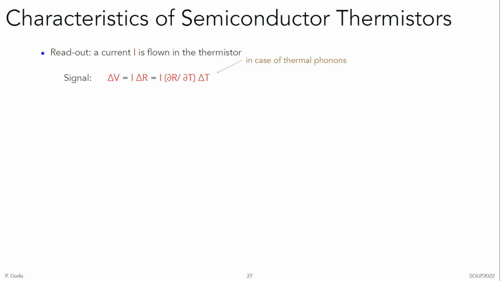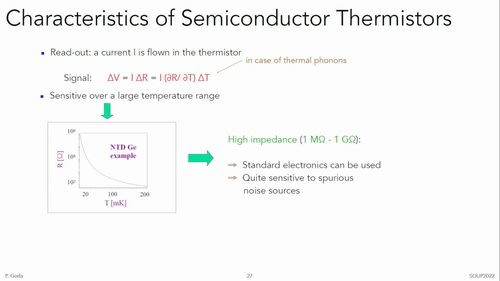What you get is a readout of the tension in this kind of sensor, and this tension you read is proportional to the temperature variation, or basically the resistance variation is induced by the temperature variation. The advantage of this kind of device is they are sensitive over a very large range of temperatures.